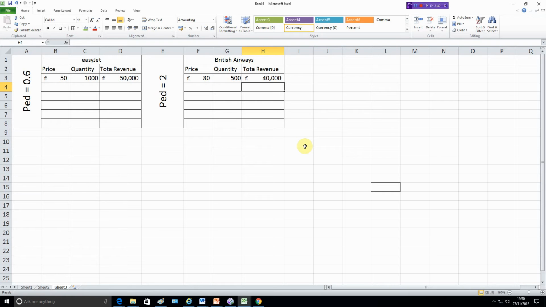Now, in the first scenario, both airlines are going to have a price increase of 10%. So we're talking about an increase in price of 10%.